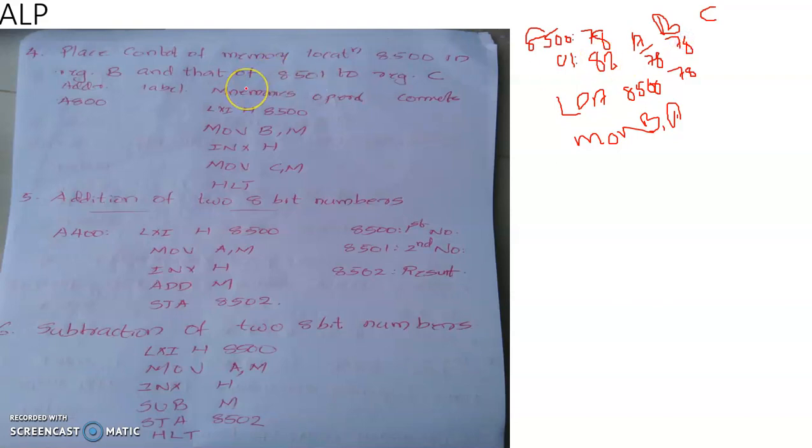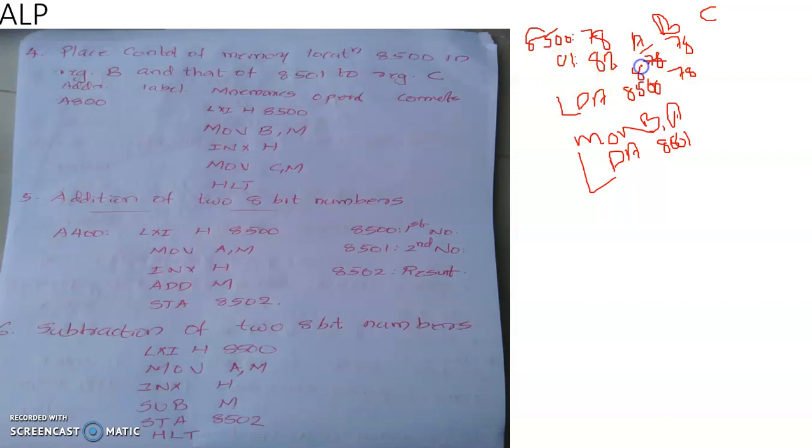Now the second activity to be performed is to move the content of 8501 to register C. For that you load the accumulator with the content of 8501, LDA 8501. So the accumulator is now loaded with the content of the memory location whose address is 8501, which is 82.